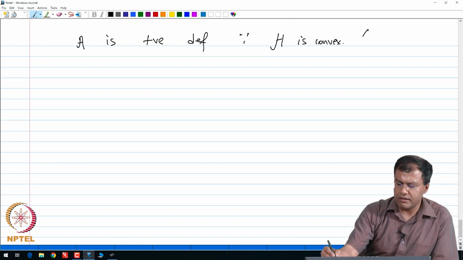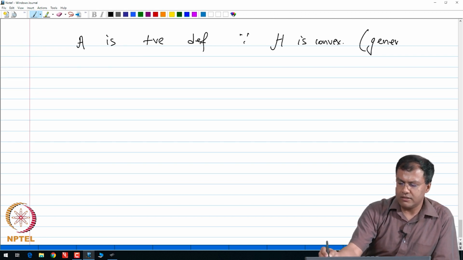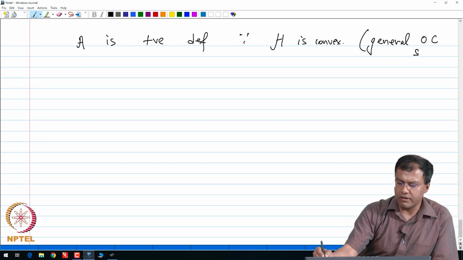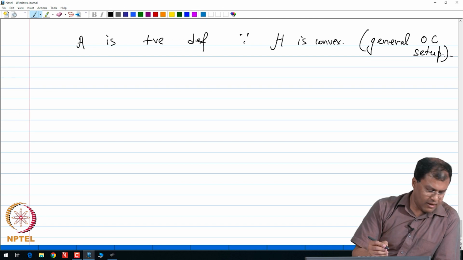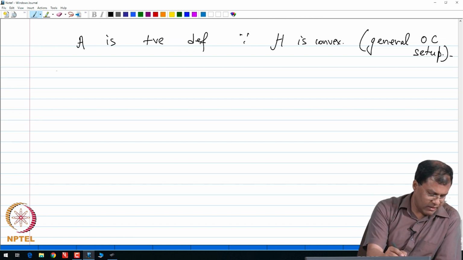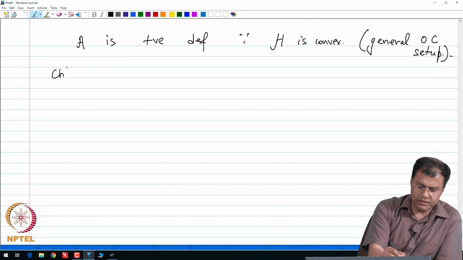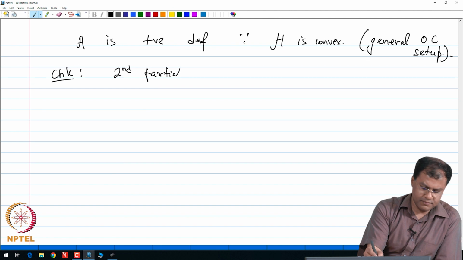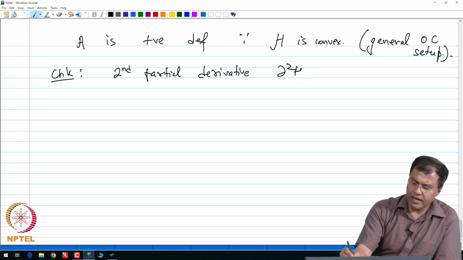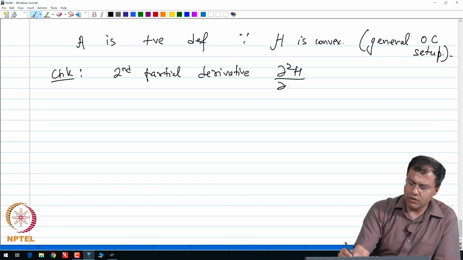This is the general optimal control setup. We take convex functions, and the only thing that we have to check is the following partial derivative: the second partial derivative, partial squared h partial u squared, is greater than 0.